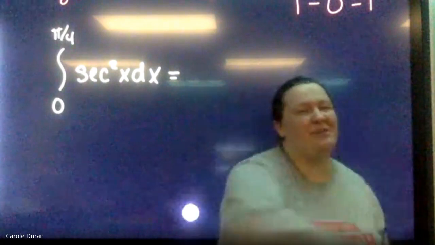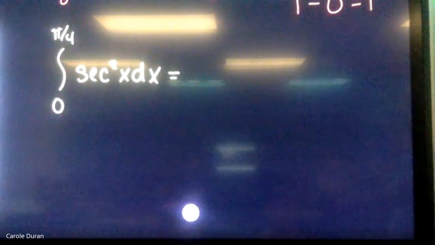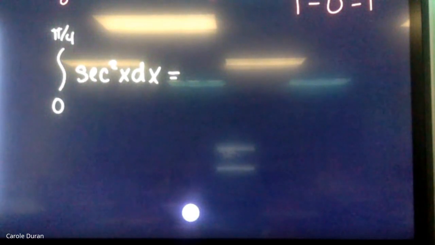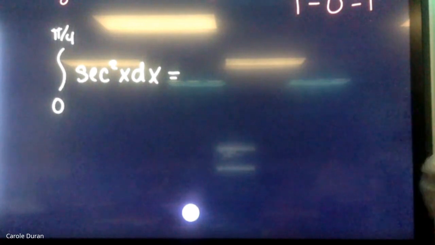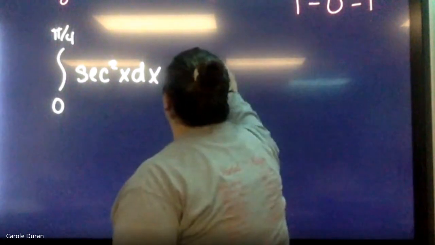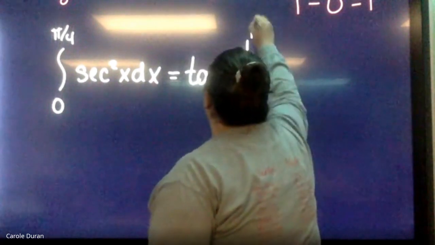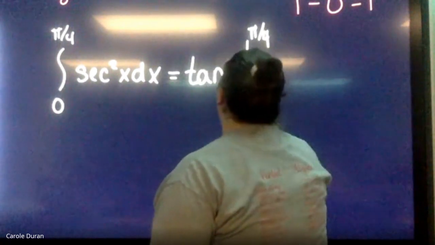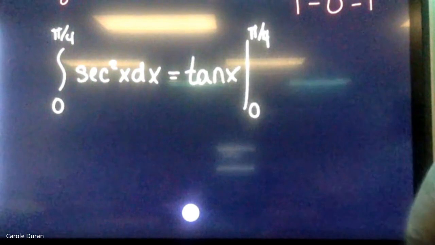Antiderivative. I want the antiderivative of secant squared x. Oh, tan. What do I take the derivative of that gives me the answer secant squared x? Tangent. So tangent is the antiderivative of secant squared, so I need to solve this at tangent of pi over 4 minus tangent of 0.